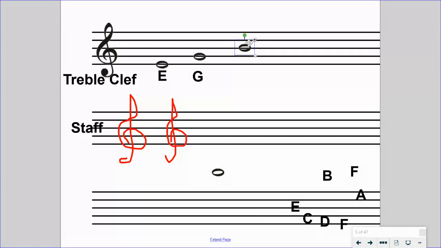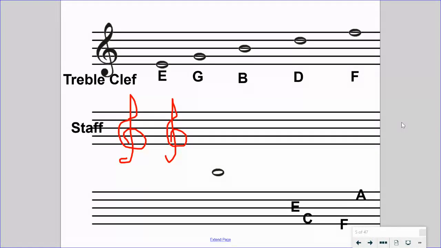B and D. And F. Elvis's guitar broke down Friday.